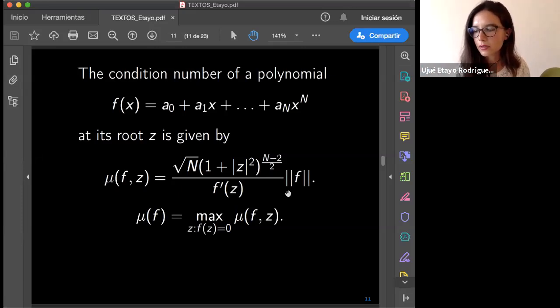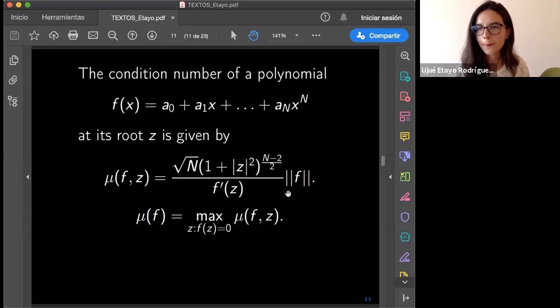We are introducing some combinatorial coefficients, namely the binomial coefficient of the total degree of the polynomial over the position of the different coefficients. But you can think of it as an L2 norm with weights that are not all equal. Thank you. Is that okay?